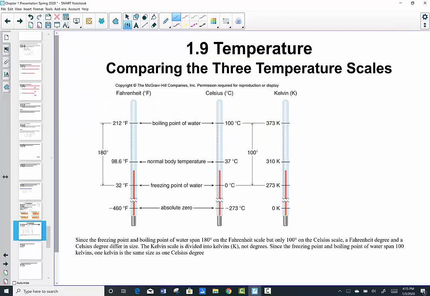Thinking about the comparison of these three scales. Here I have a thermometer that's given to me in Fahrenheit units. In the middle, I have a thermometer that's giving me Celsius units. And in the final, I have Kelvin units. Notice the freezing point and boiling point of water. Water freezes at 32 degrees Fahrenheit.